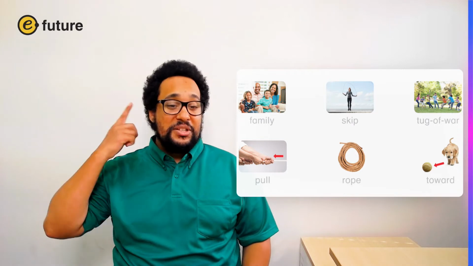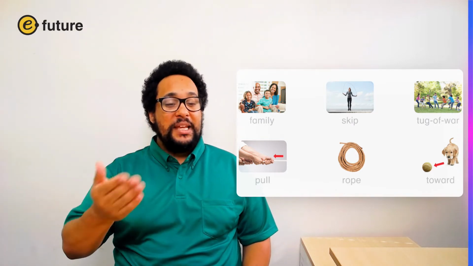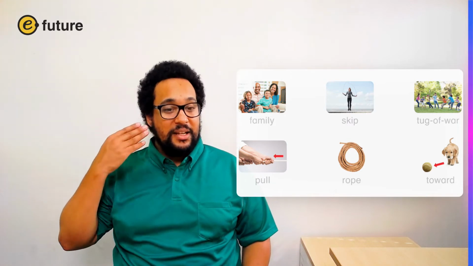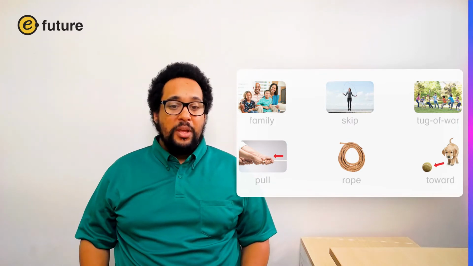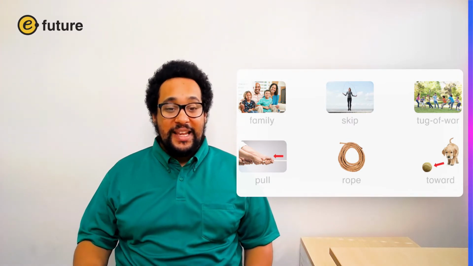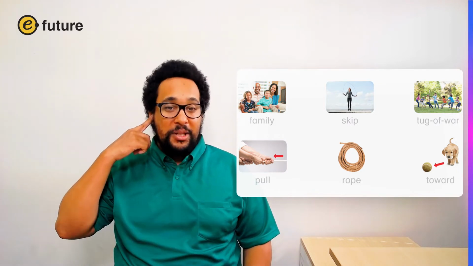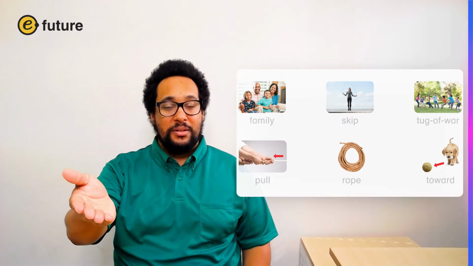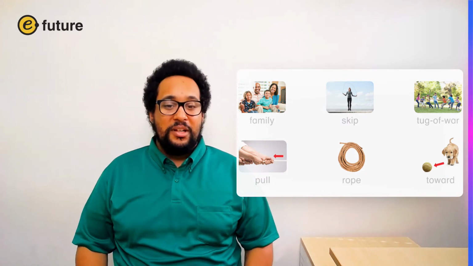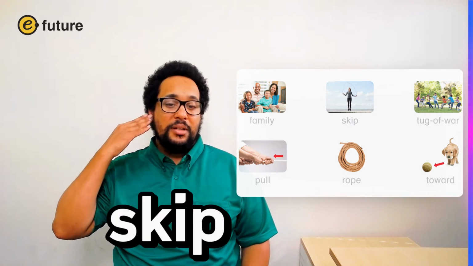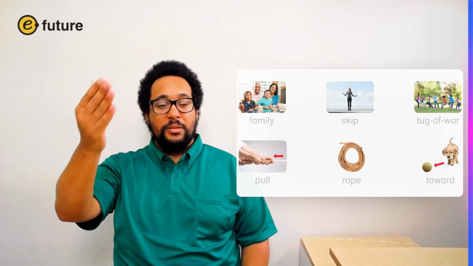So, listen to me and then repeat the words after I finish saying them. So, our first word is family. Family. Your turn. Very good. The next word is skip. Skip. Your turn.